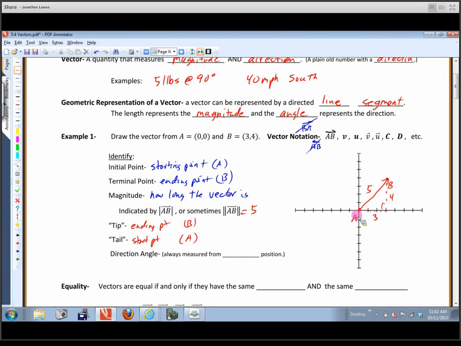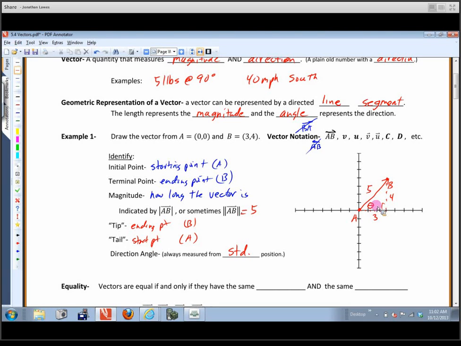Okay. And then we want to talk about the direction angle, because remember, a vector measures two things. It measures the magnitude and the direction. So let's find the direction angle on this one, and we'll note that the direction angle is always measured from standard position, just like we're normally used to. So we want to find this angle right here.